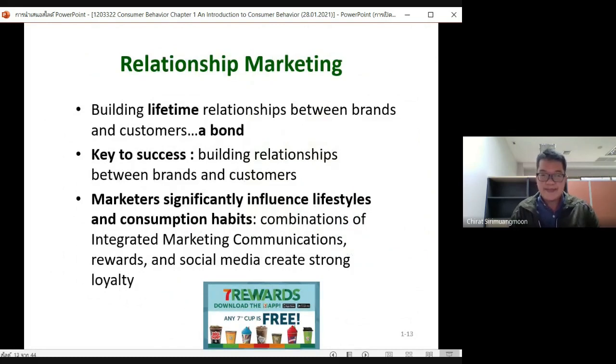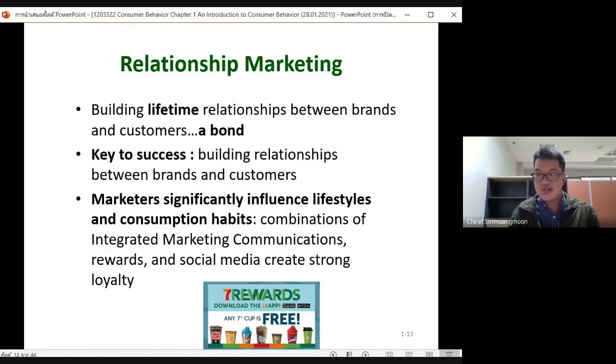Then, when you do business, one thing you need to have is a good relationship with the consumer, with the brand. So it is our job to create a link between brand and consumer.